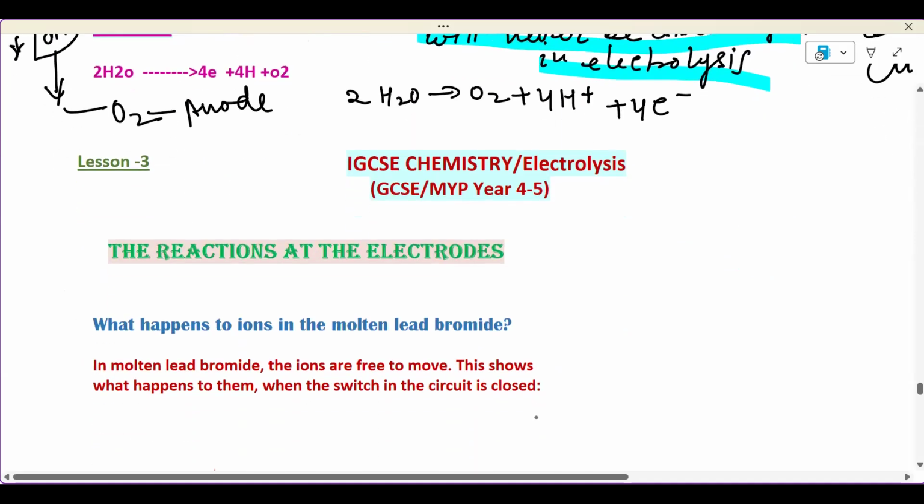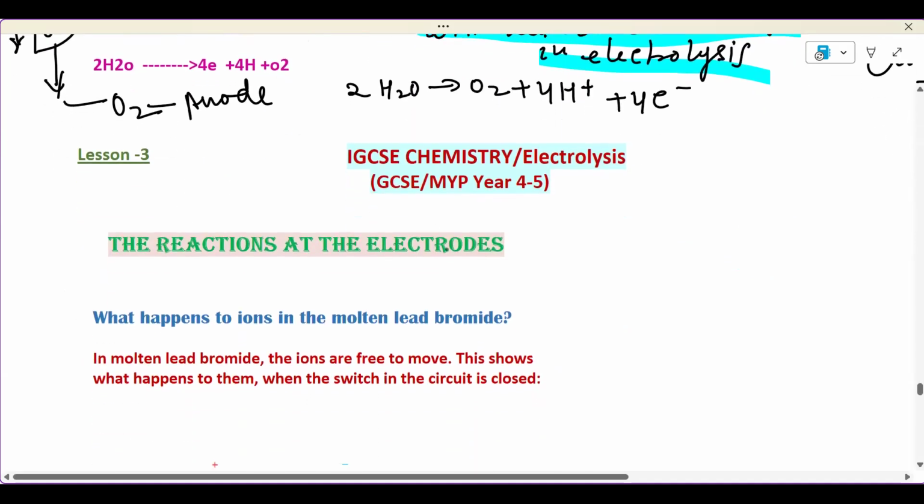Let's move towards the next topic, that is the reactions at the electrode. Let's start with what happens to the ions in the molten lead bromide. Reactions at the electrode means here we will talk about which ion is going to move towards cathode or anode.